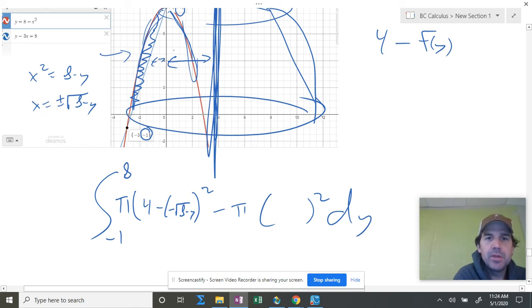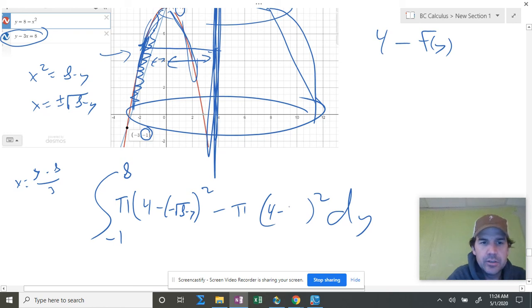That gives me my big R from here all the way to the outermost one. And my little r is just 4 minus this guy in terms of y. If you solve that in terms of y, you end up with, looks like y minus 8 over 3. That's what x equals.